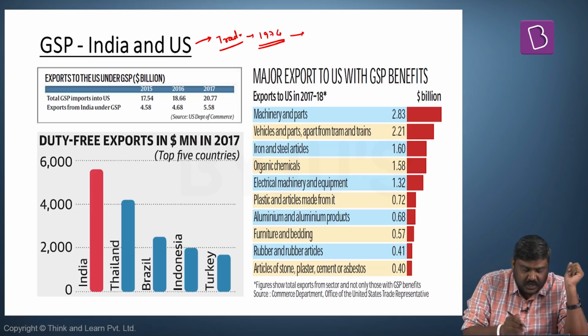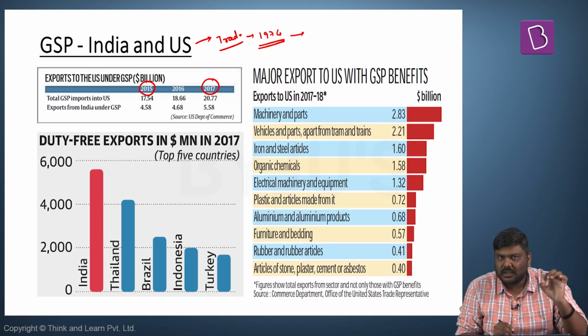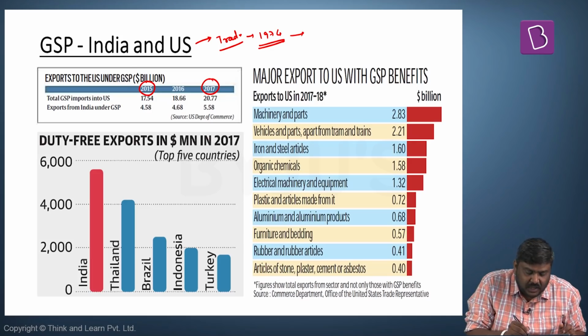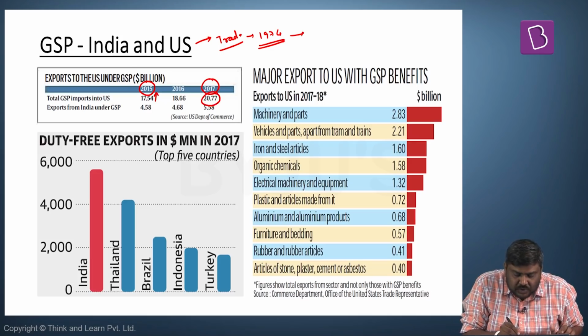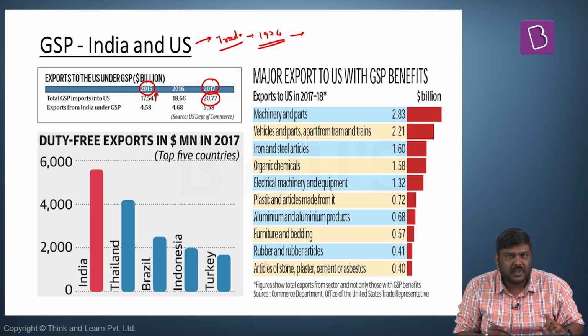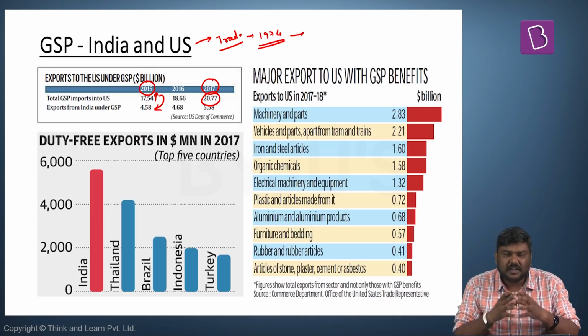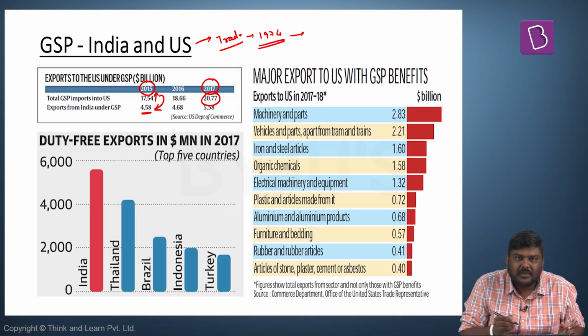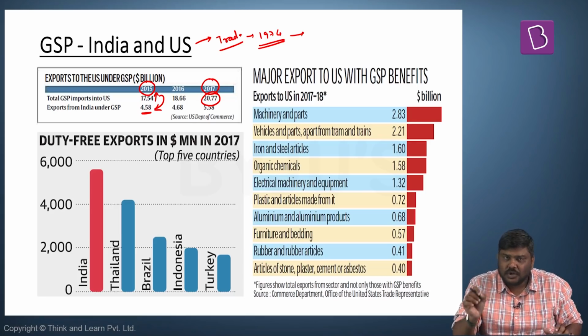Now, some of the figures: between 2015 to 2017, the imports done by the USA under the ambit of a GSP increased from $17.5 billion to more than $20.7 billion. And out of this, a substantial part of the imports done by the USA were basically from India. That is, India was the dominant exporter under the ambit of a GSP to the USA.